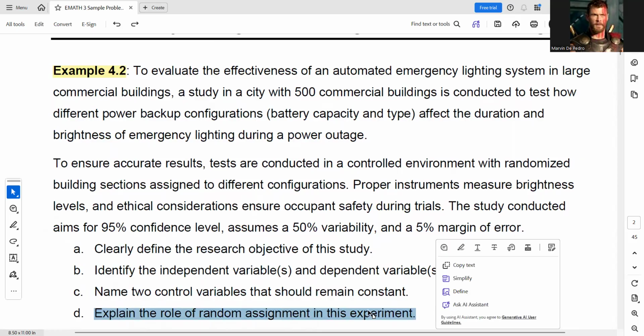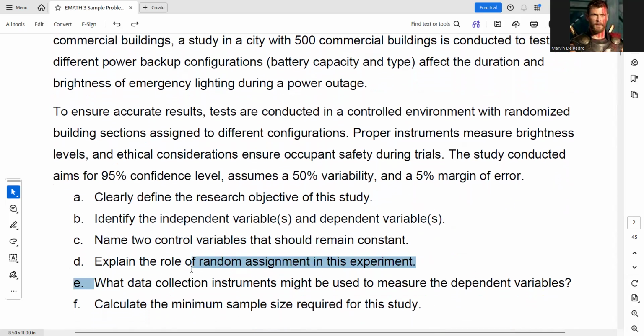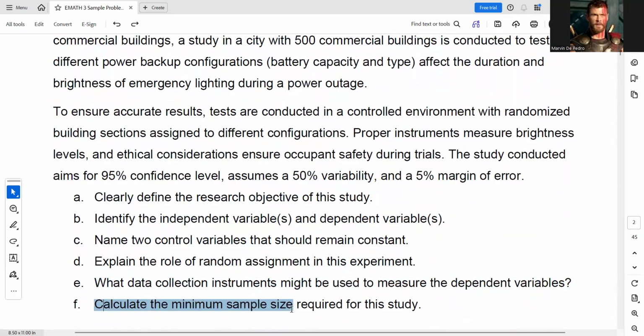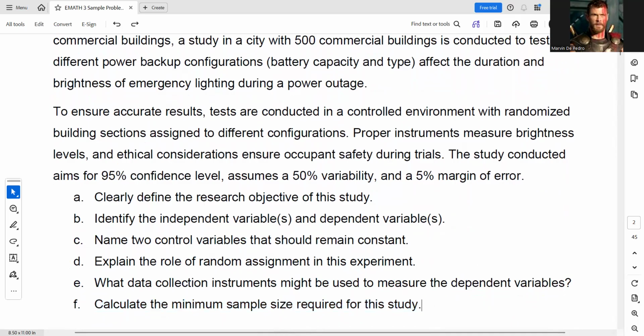Although this one is already given, just like the previous one. We are also asked what data collection instruments might be used to measure the dependent variables, and we are asked for the sample size because that's one of the requirements when we are planning to conduct an experiment. We should determine how many people should serve as respondents in our experiment.